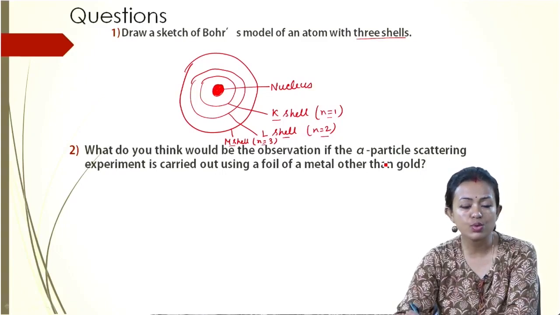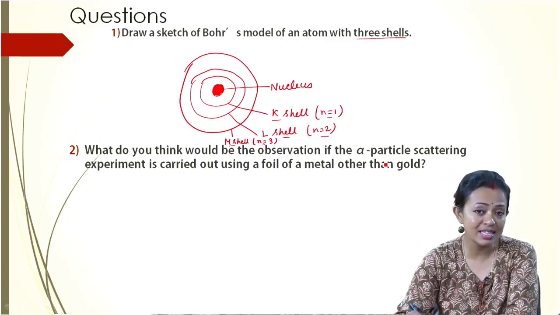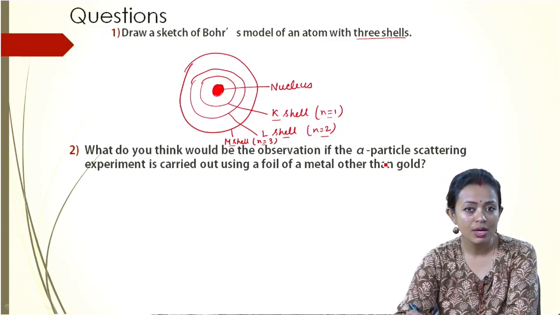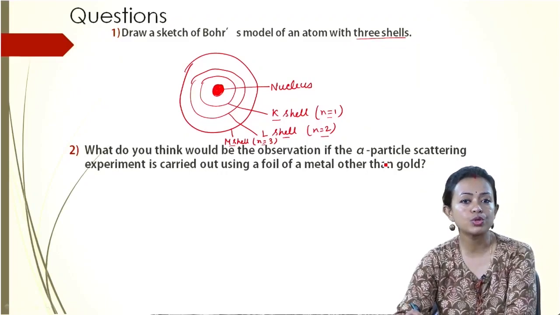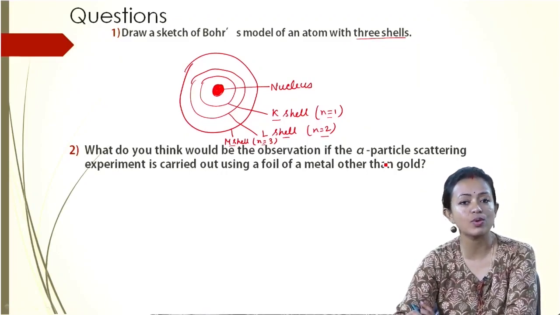Among all the metals, gold has the highest malleability. That means you can beat gold into a very thin sheet. Other metals also show the property of malleability, but the extent to which gold shows it, they would not match up to it. So gold shows the maximum malleability in comparison to other metals.